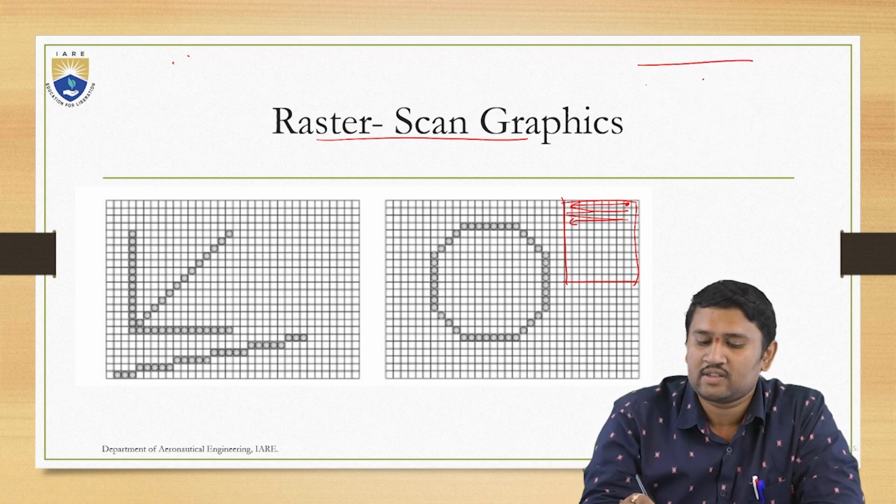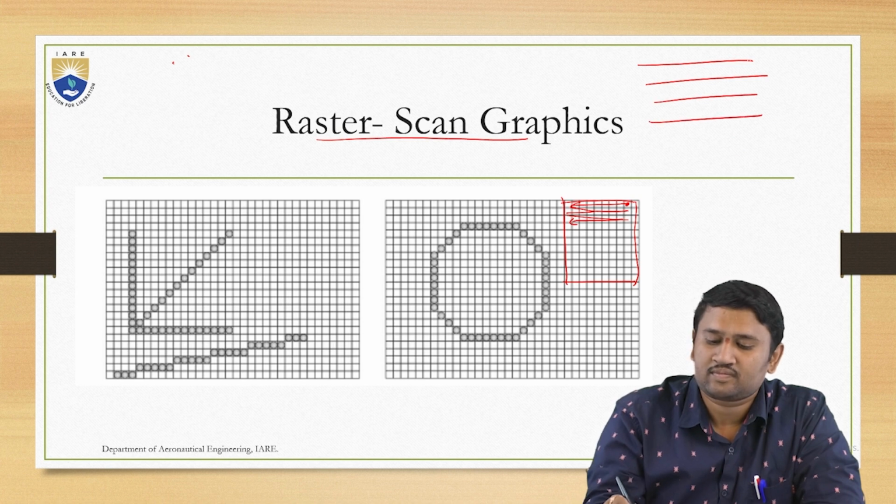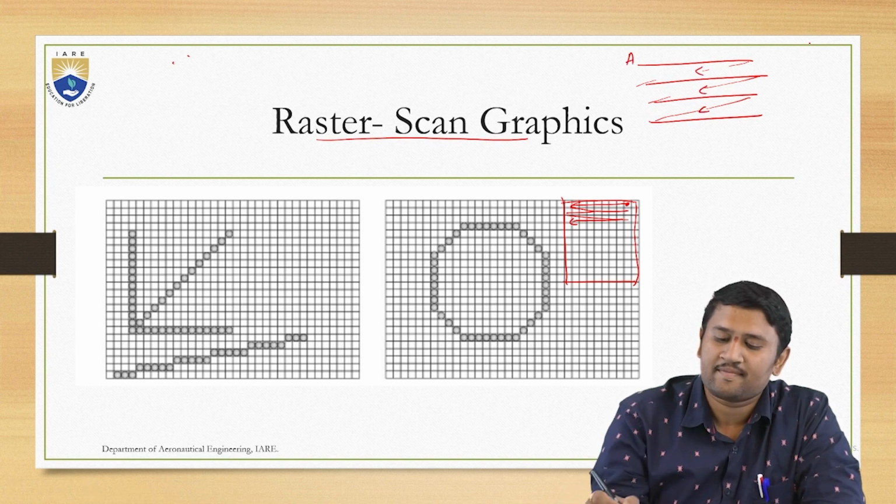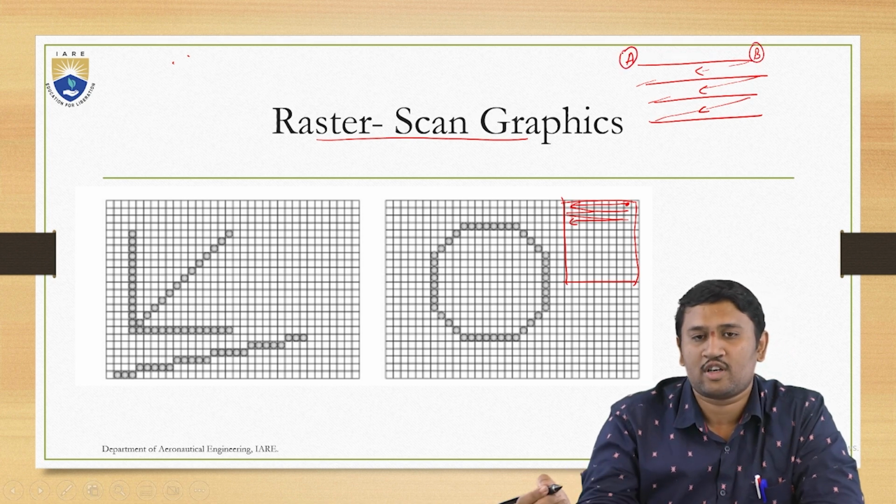For example, starting from point A, the picture will be defined from point A to point B in terms of pixel definition.